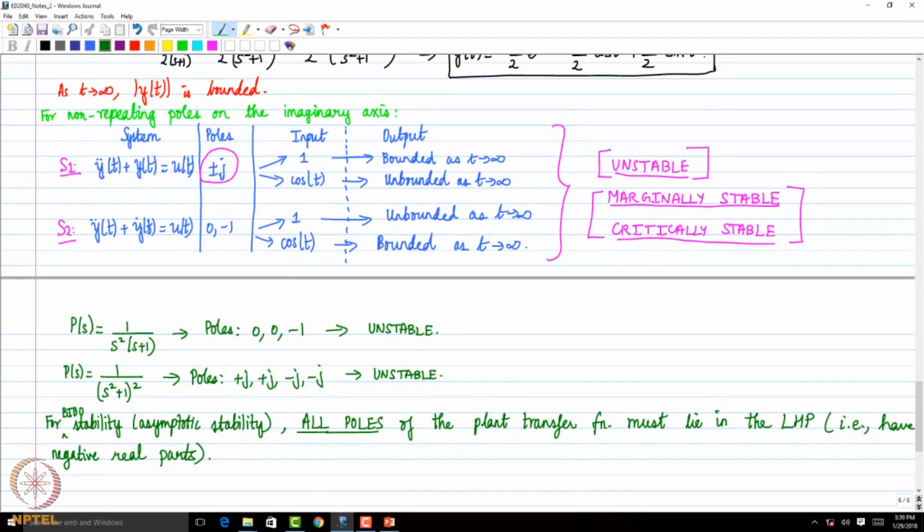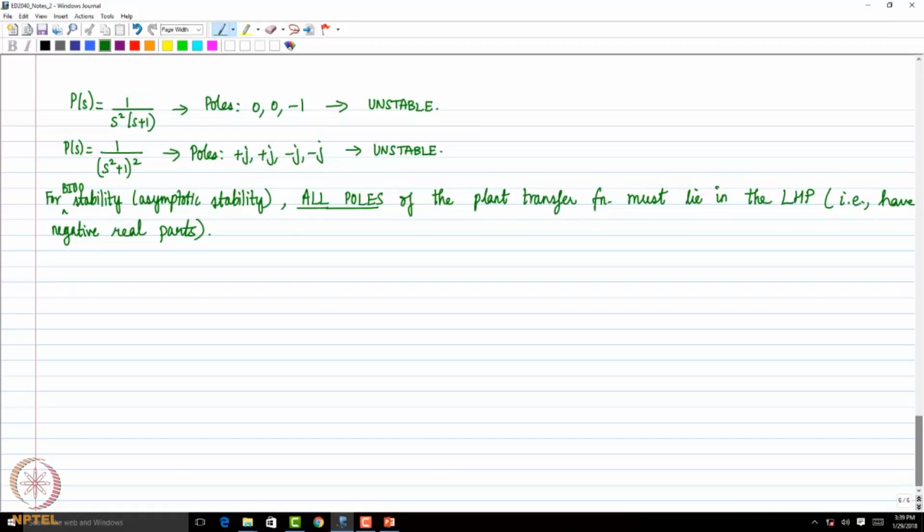That's one important thing. We could observe it from example number 1 that we did yesterday. The poles were at -2 and -3. You take any bounded input, the output will be bounded. So that is a guaranteed result.